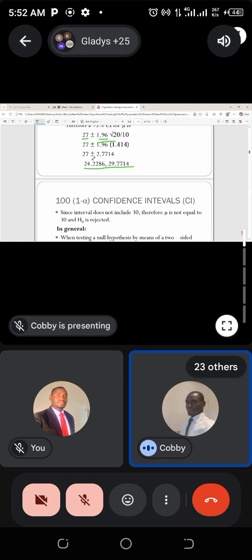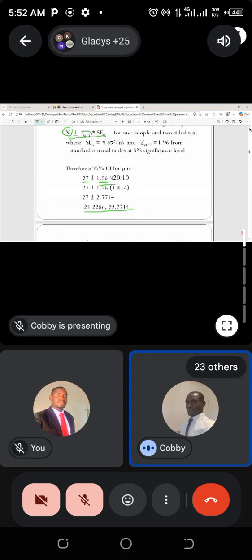So the range for the age where this sample is coming from, it falls within 24.22 to 29.77. That is the range. So it is not 30, like we have already rejected it, but it is found within this range.